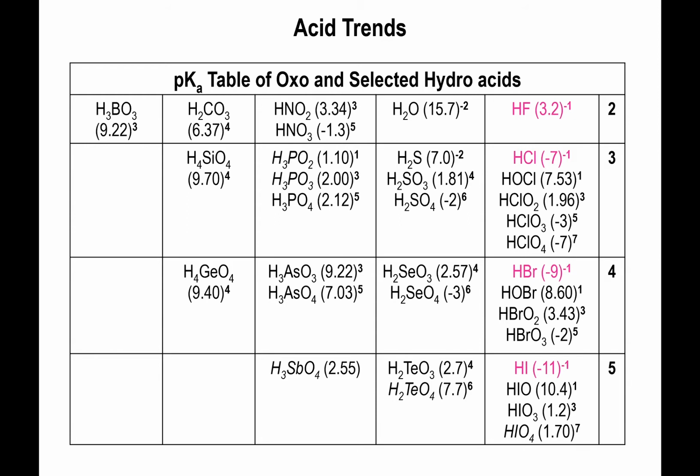So it's not electronegativity that's ruling the acidity of the compound when you look at the trend from top to bottom. It's actually the size of the central elements. Fluoride is smaller than chloride. Chloride is smaller than bromide, and bromide is smaller than iodide. And the reason that matters is because as the element becomes larger in radius, the distance between the hydrogen and central element bond becomes longer and longer and longer.